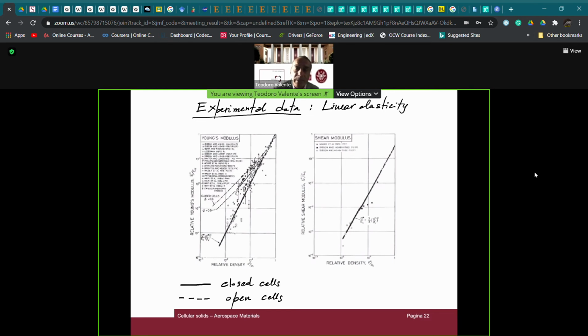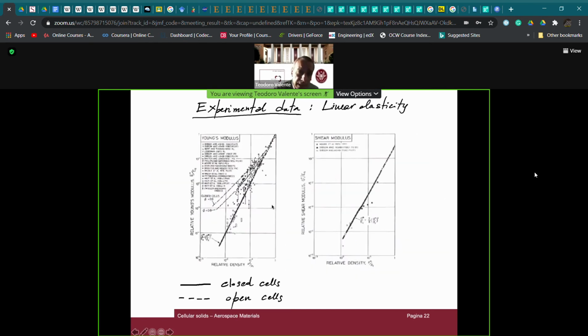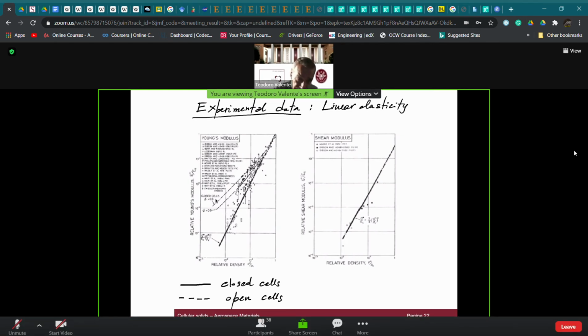The first step is to understand if these relationships are going to work well. And this is the reason I can skip the demonstration with you, because that's not the purpose of our course. The answer is yes. These are some experimental data in the case of linear elasticity, for the Young modulus and for the shear modulus. The dotted lines refer to open cell bulbs, which are listed here.